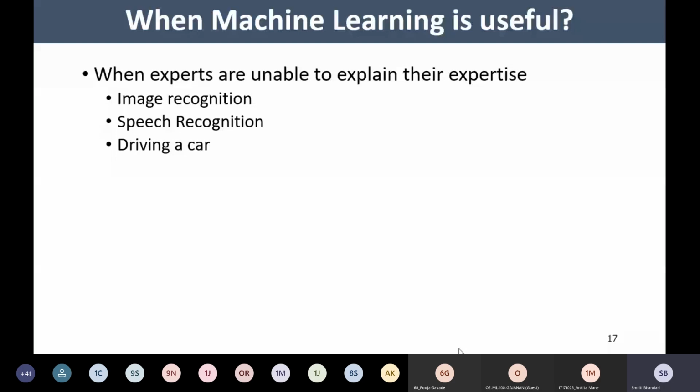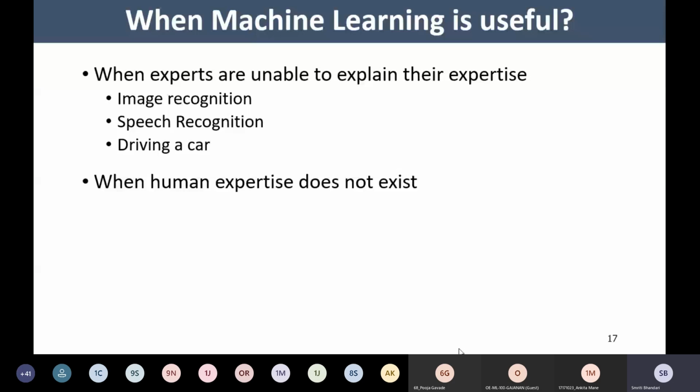It would be very difficult to explain the processes in terms of rules, so definitely we should think of machine learning approaches instead of the classical programming paradigm.